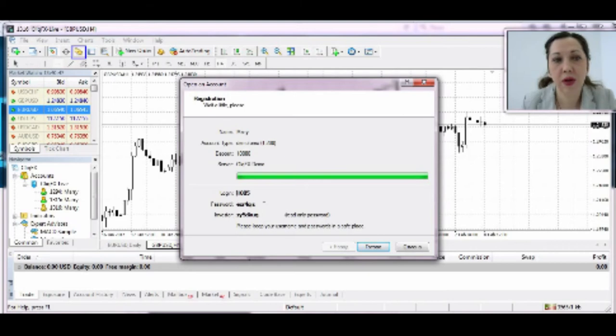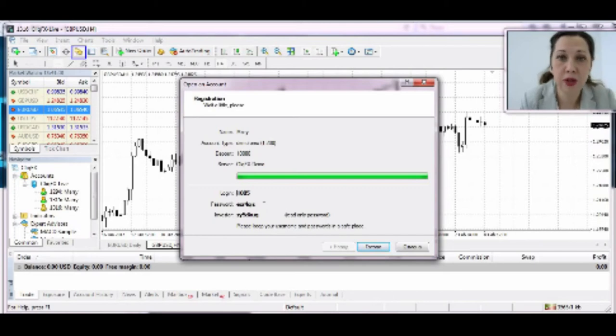Why? Because if you're working on the same PC or laptop, whatever, any device, the system will remember all this information automatically. But if you're going to check your process of trading from different devices, you will need to open the account again and again.